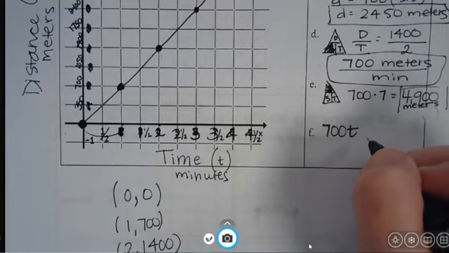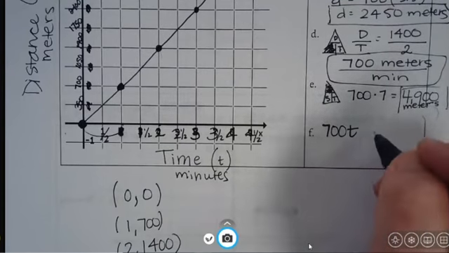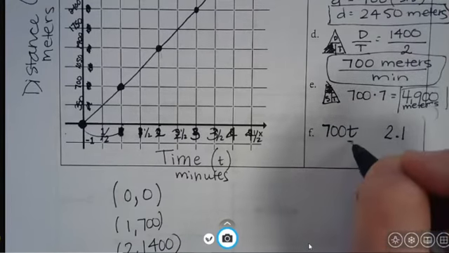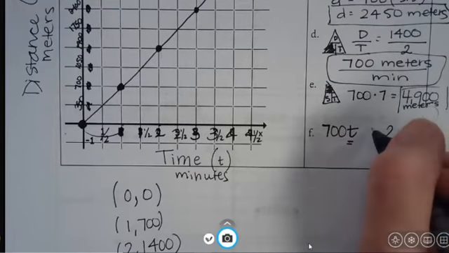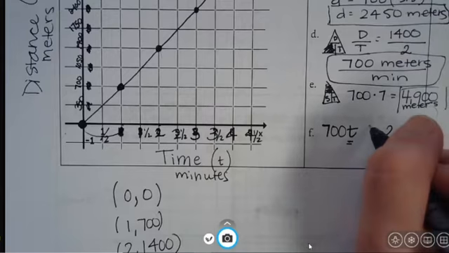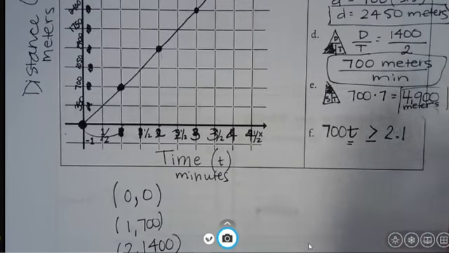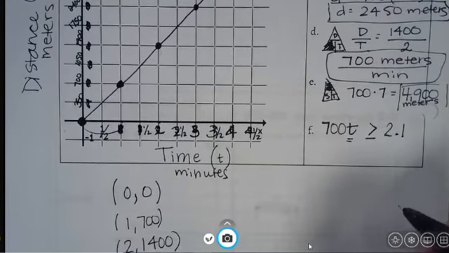And the cyclist needs to cycle for at least 2 1/10 kilometers, so that's the distance. And then I'm looking for the minutes. So at least doesn't just signal greater or less than, it signals greater or less than or equal to. So this is the amount that's the minimum. So I can solve this.